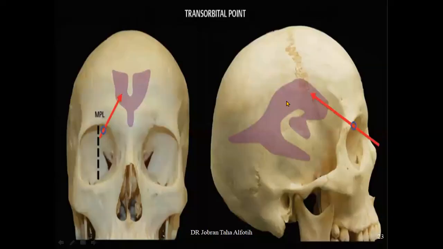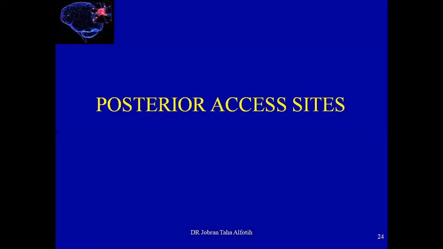Here is the transorbital point. So after finishing the anterior access points, we move to the posterior access sites.